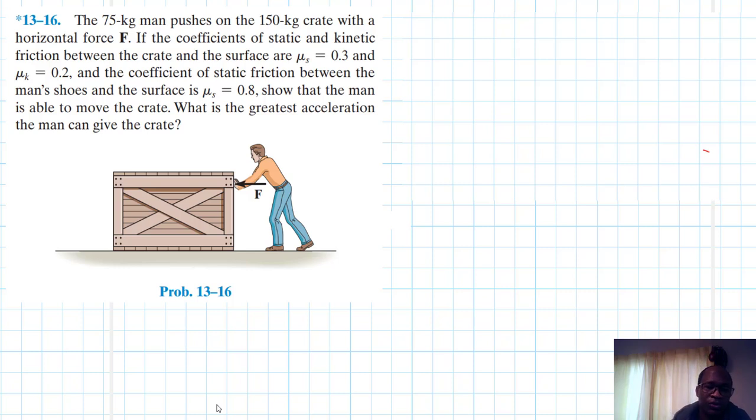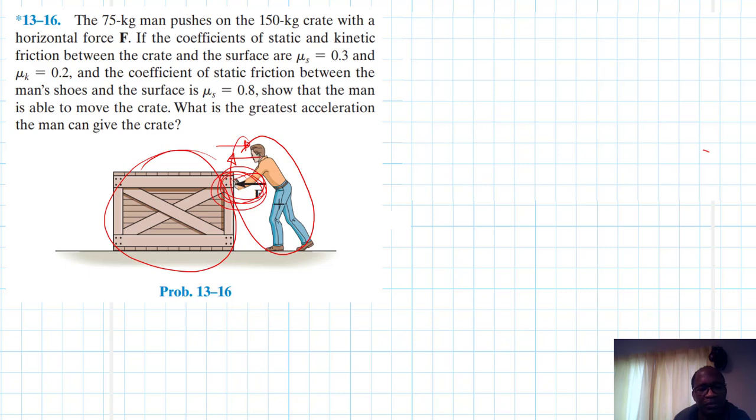So what we need to do first is to determine the force. The force that this man is exerting on the crate is F. He's pushing on the crate and the crate will be pushing on him. So let's separate the man from the box so that we write a free body diagram.